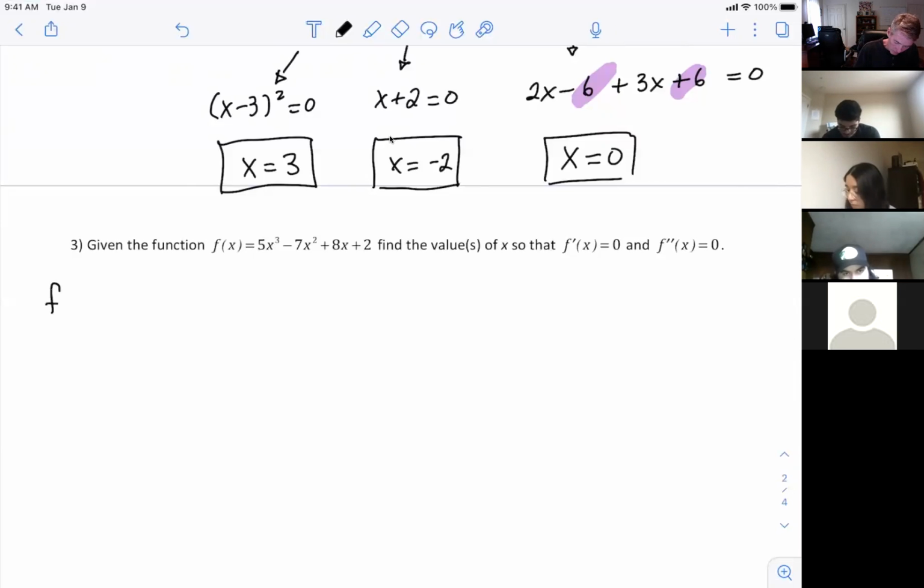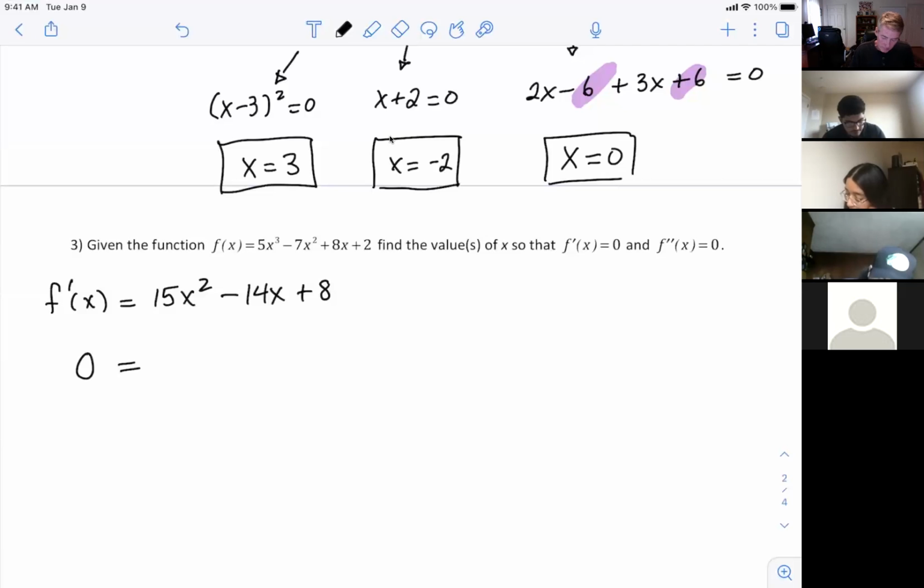So for the first derivative, that would be 15x squared minus 14x plus 8, and the derivative of +2 is a 0. And then set that equal to 0.